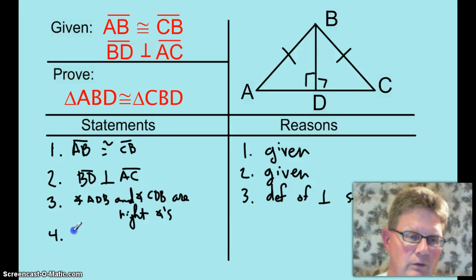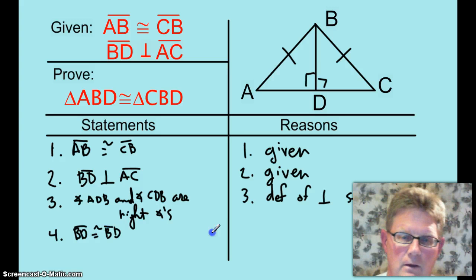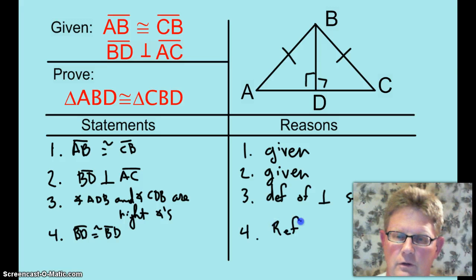Just by looking at the picture, we can get segment BD congruent to segment BD. Why can we get those segments congruent to each other? Well, of course, the reflexive property. So we'll mark it congruent to itself.